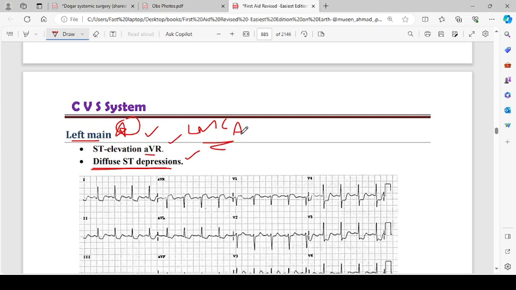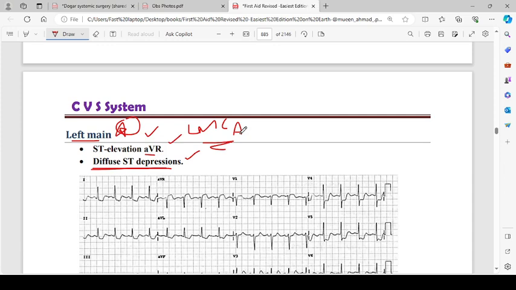But if it is partially occluded, the pattern that we will have is that ST elevation in AVR will be evident, and there will be diffuse ST depressions, because the left main coronary artery is supplying most of the anterior and lateral aspect of the heart. So that is why we have diffuse ST depressions in most of the leads. The only lead in which we are getting ST elevation is lead AVR.